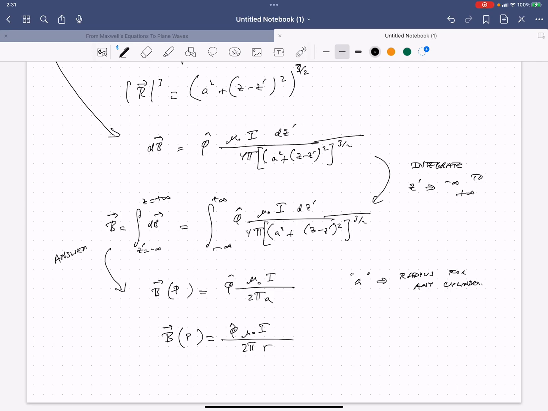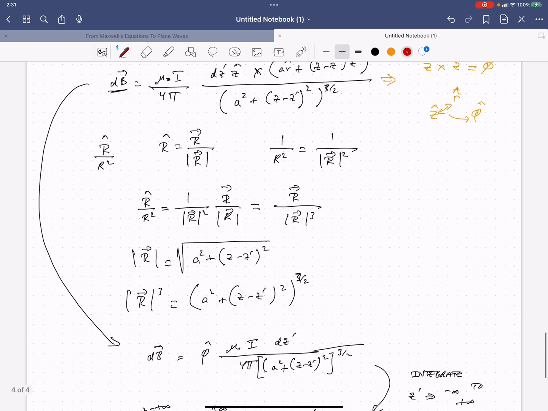If I was going to draw this, it's easiest to draw it from the top. Let's say this is the current coming out of the screen in this line. Imagine a line coming out of my screen, going to plus infinity, and going into the screen from minus infinity.